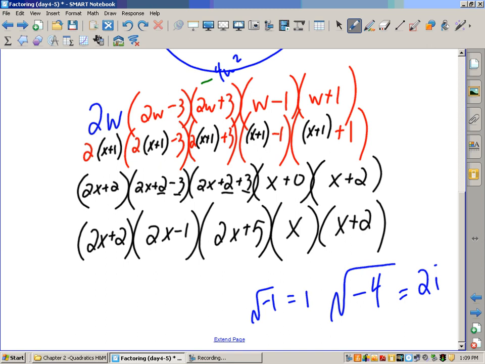No. So what they do is they say anytime that you get a square root of a negative number, we're going to substitute in the letter i for it, so that you can now work with it. Because we have to talk about how the imaginary numbers are not solutions or x-intercepts. They won't be x-intercepts, but they will be zeros.